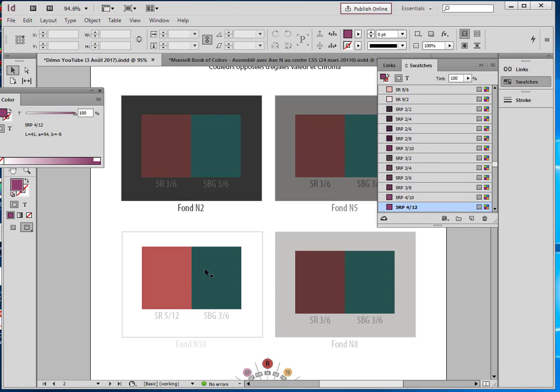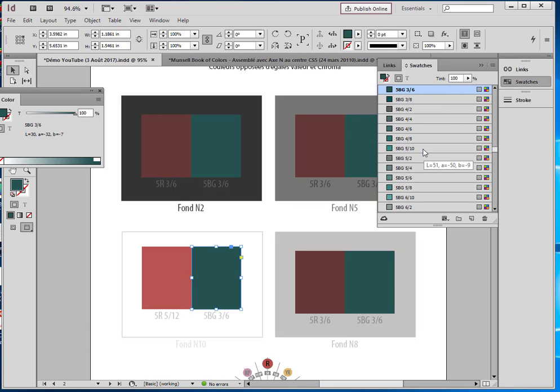See, it's very interesting because the contrast is changing. It's the same two colors, but because we have different values, now it's a different sort of dynamic. It's a different harmony. It's a different effect visually. But let's see if we can lighten this at the same time.